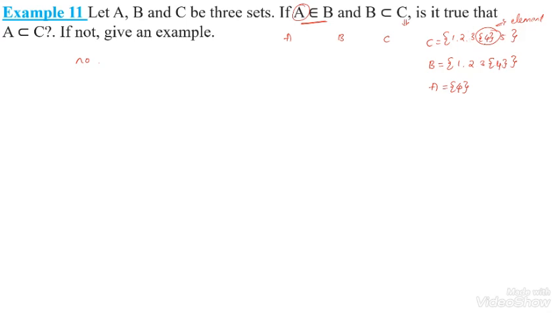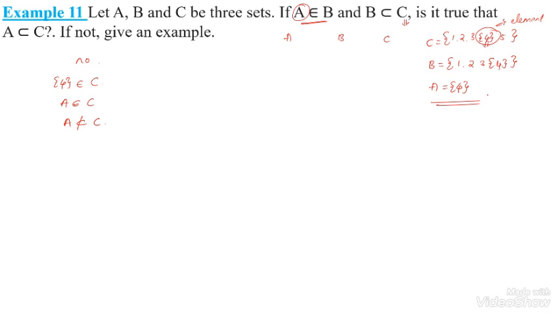Usually the smaller bracket represents an element. So the element {4} belongs to C. So A belongs to C as an element, but A is not a subset of C. Take this as a perfect example for solving example number 11.